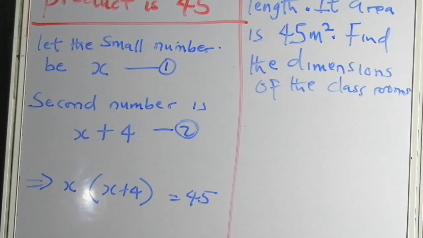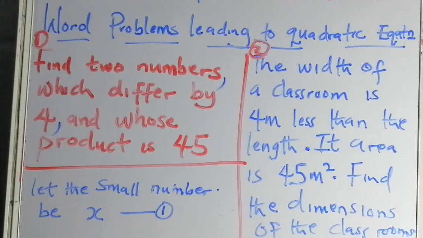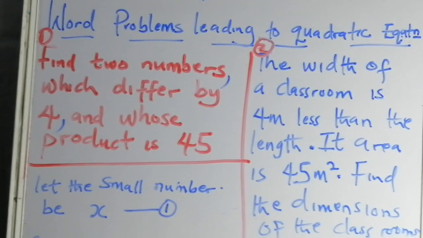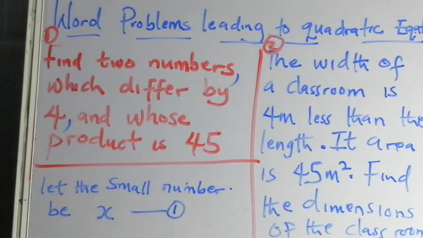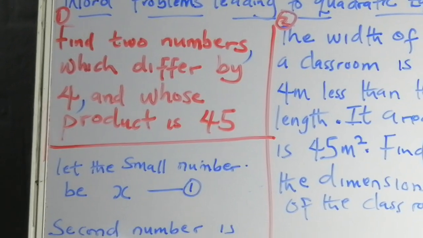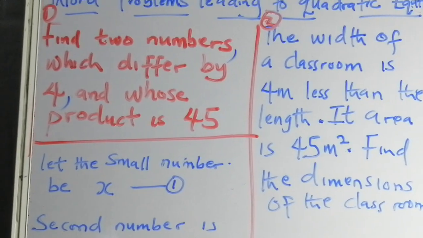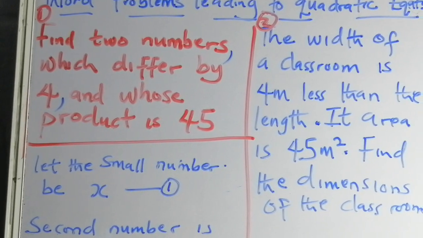The second statement is which differ by 4. If one is 2, the other one will be 2 plus 4. If one is 5, the other one will be 5 plus 4. I'm repeating this now because I know how word problems can be when you sit in an exam. So you need to break it down and interpret it.